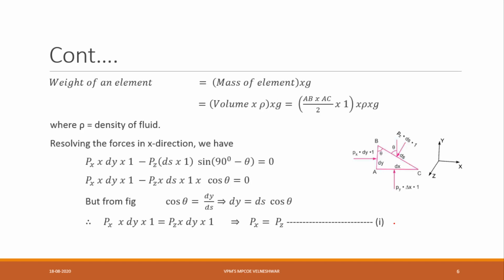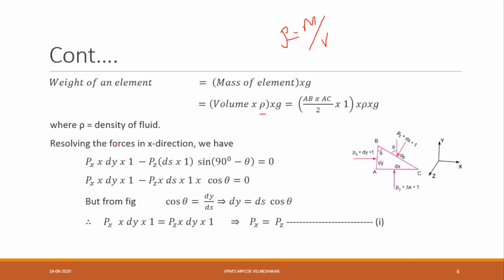Now, the weight of an element. The weight formula is mass into acceleration due to gravity. What is the mass here? Volume into rho, because density rho is equal to m upon v. So the mass of the element is volume into rho, into g.